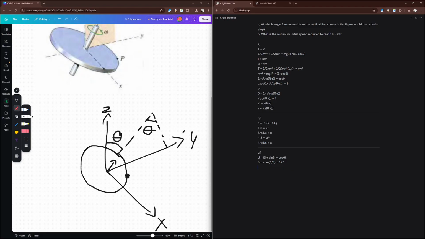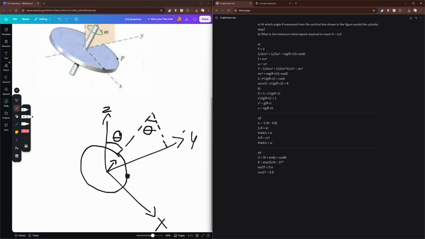So if we take the sine of this angle, sine of 37 is equal to 0.6, and then cosine of 37 is equal to a nice clean 0.8.